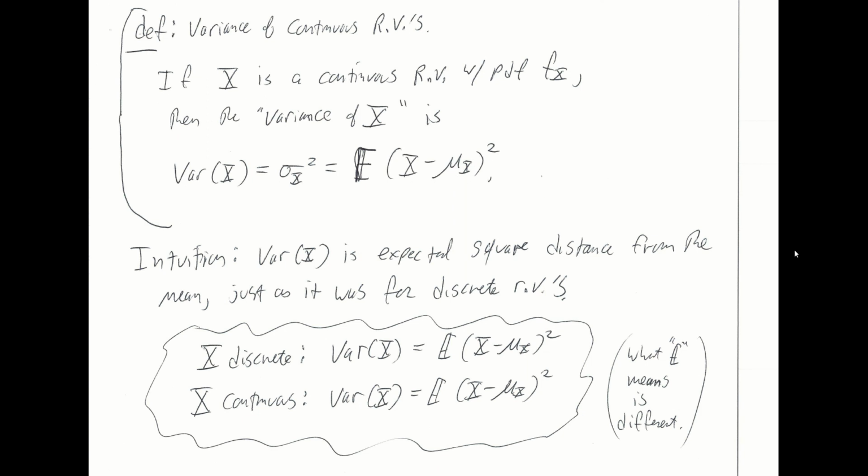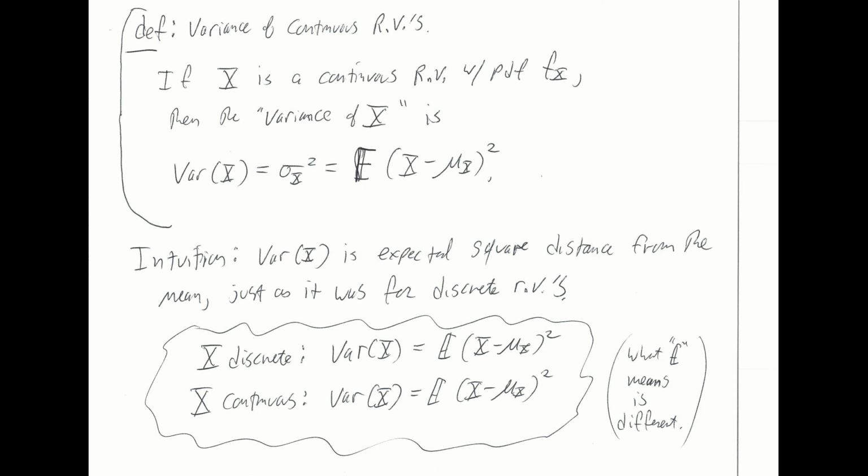And intuition is again the same. Variance is the expected squared distance from the mean, just as it was for discrete random variables. Big picture, even more basic, variance still gives you some sense of how much spread you expect in the values associated with this random variable. So if all the values that are reasonably likely for the random variable are clustered tightly about the mean for that random variable, then it is a low variance random variable.